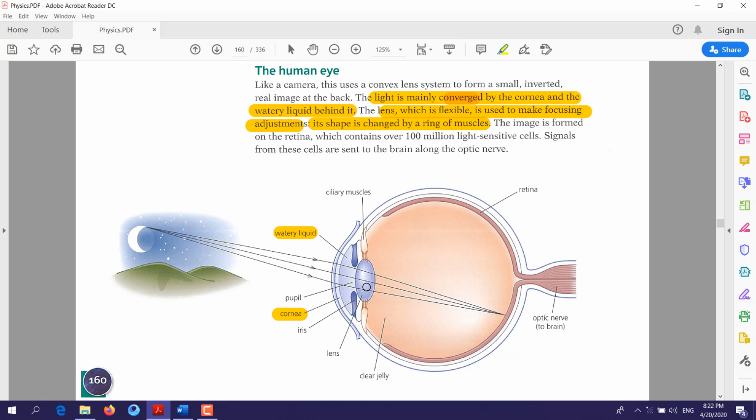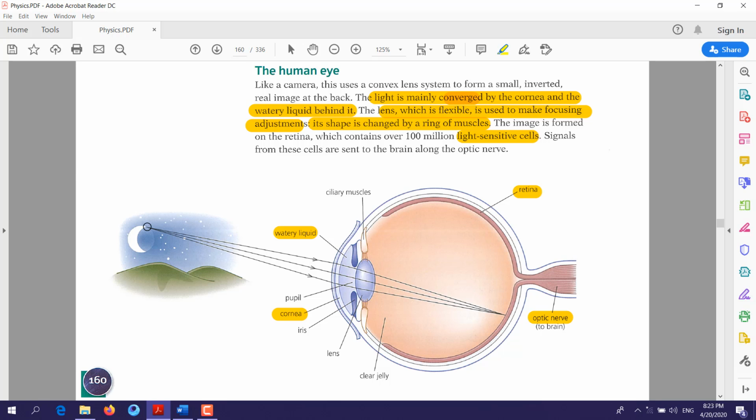After the light passes the cornea, watery liquid and the lens, the light will be focused on a specific point on the retina. The retina has millions of light sensitive cells. These light sensitive cells detect the light and send it as a signal to the brain through the optic nerve.